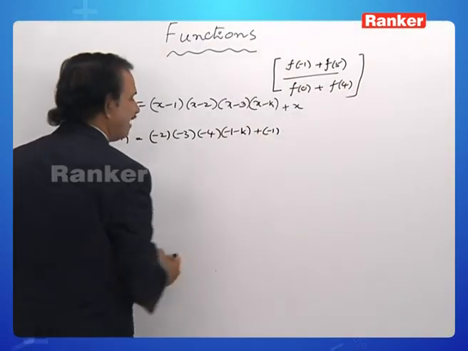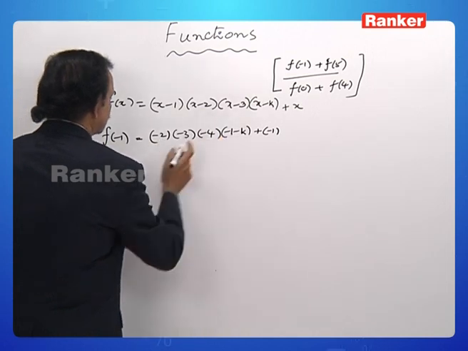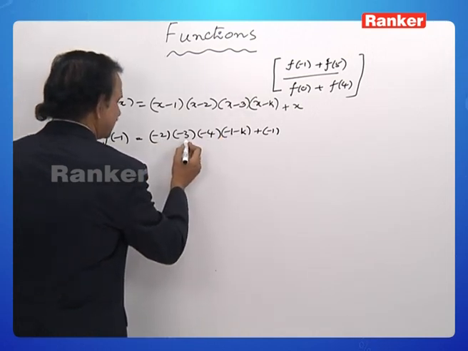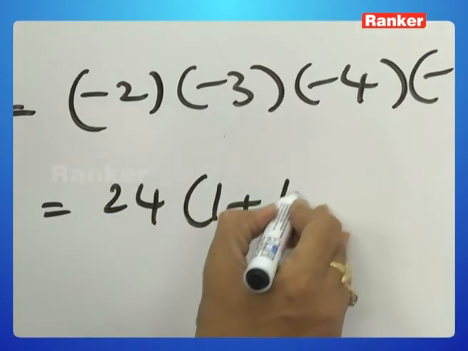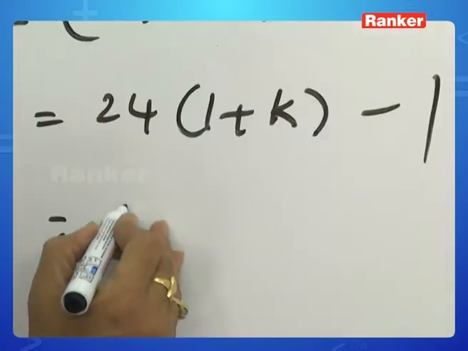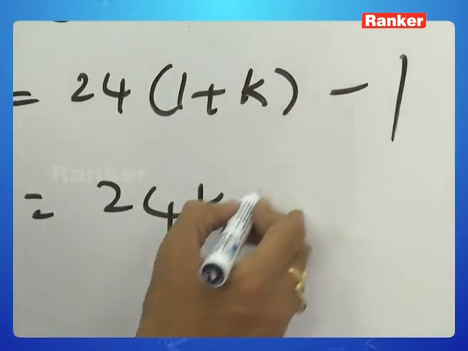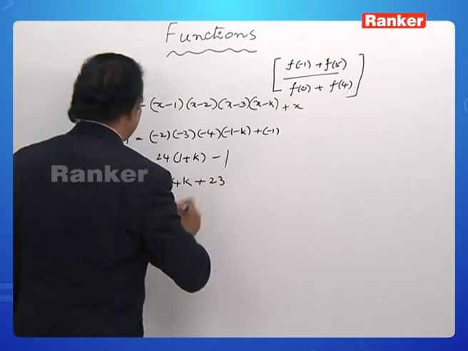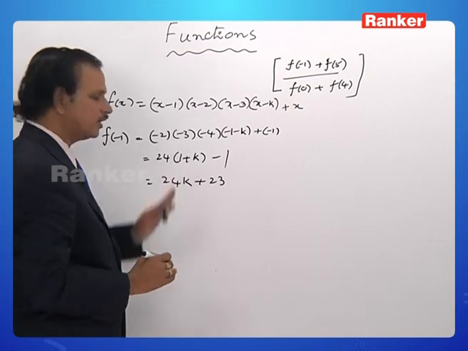In the place of x we have -1. Total: minus into minus into minus into minus is positive. 2 threes are 6, 6 fours are 24. This is 24(1+k) - 1, which is 24k + 24 - 1, that is, 24k + 23. Therefore, we have estimated f(-1).